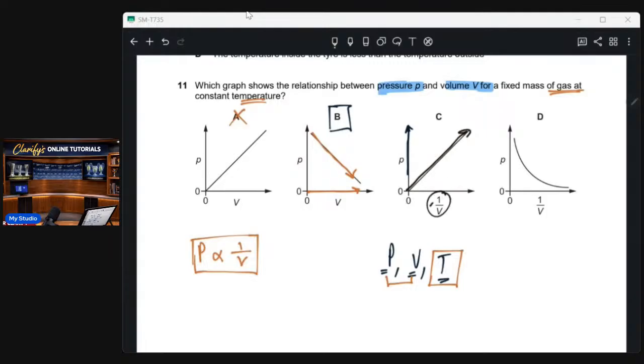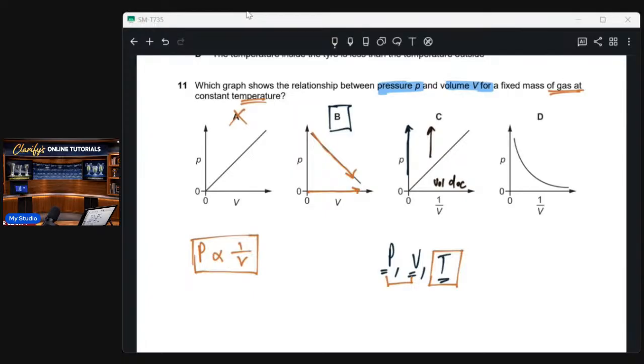But because this is the flip of it, volume is actually decreasing. So this is saying volume is decreasing as you move to the right, because this is 1 over volume. So the volume is decreasing, but you can see that the pressure is increasing. So this is another good one. They are inversely proportional to each other.